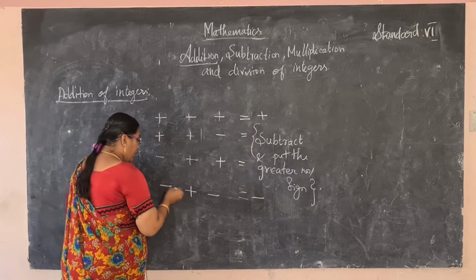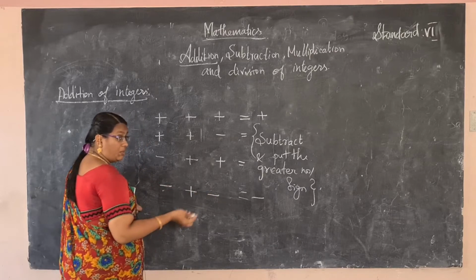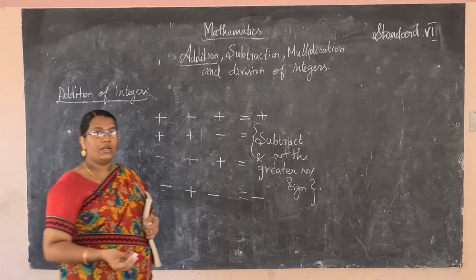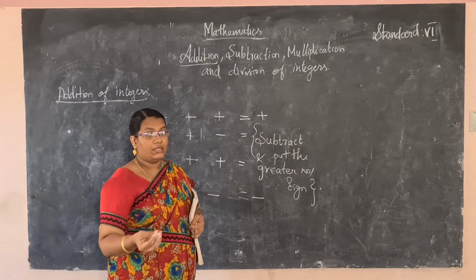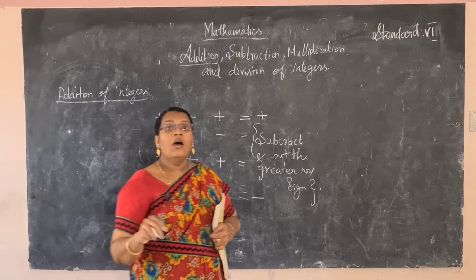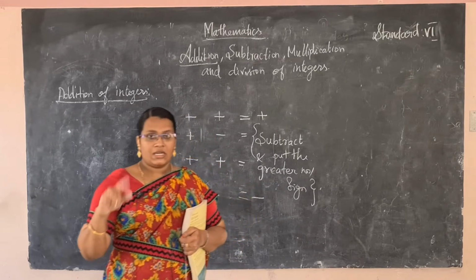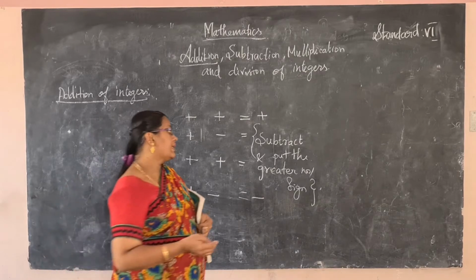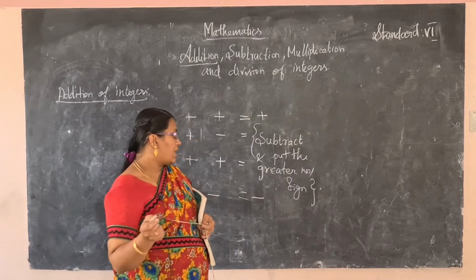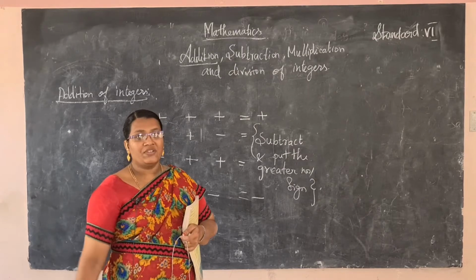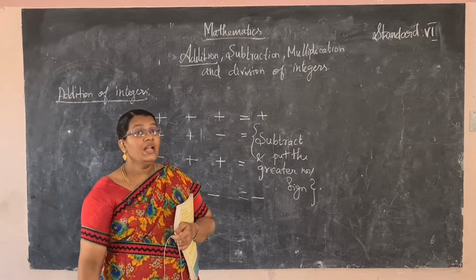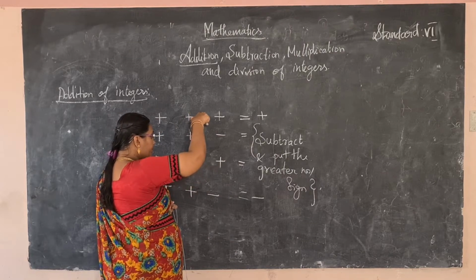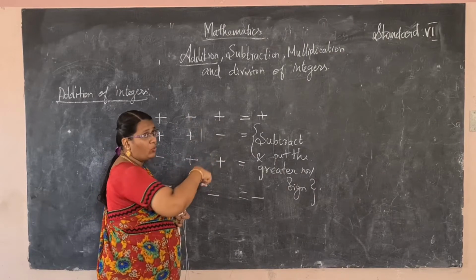When we add two negative numbers, we get the negative value. With two different signs, we subtract and put the sign of the number with the greater value. Which operation have we applied in this case? Subtract. Okay, so this is the common rule for addition and subtraction.